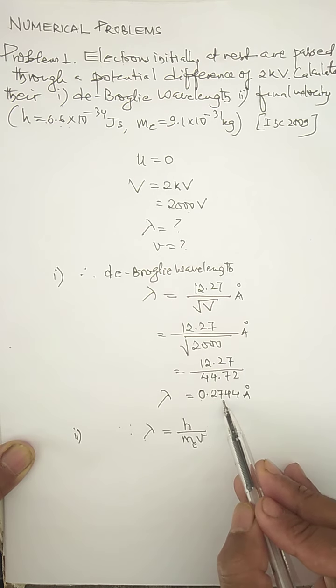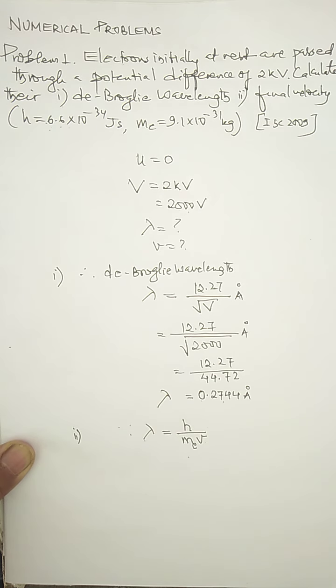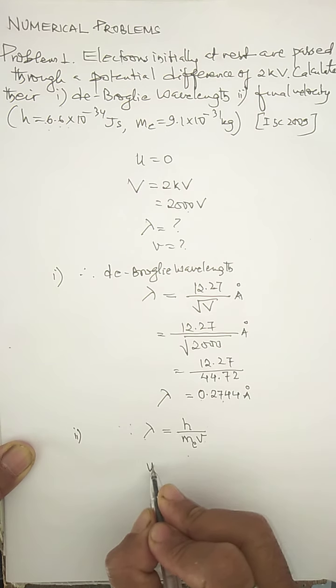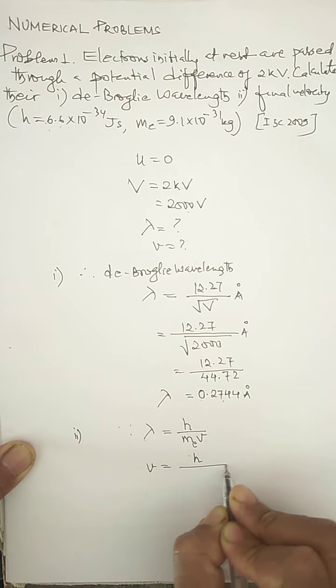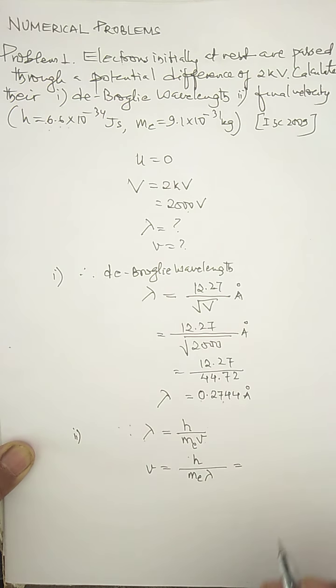So the de Broglie wavelength we have calculated, h is known, and the mass of the electron is known. So v we can calculate. I'll make v the subject. It will be h by me into lambda.